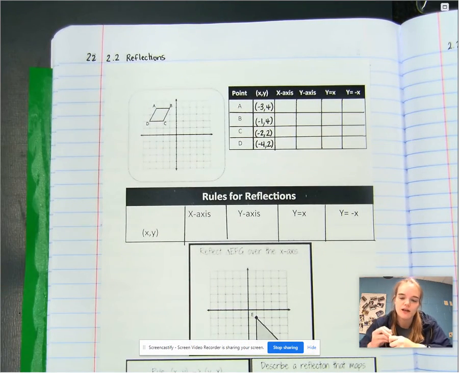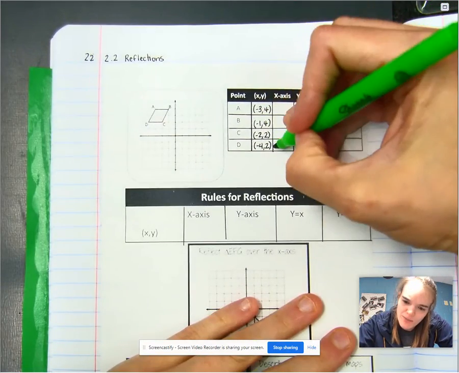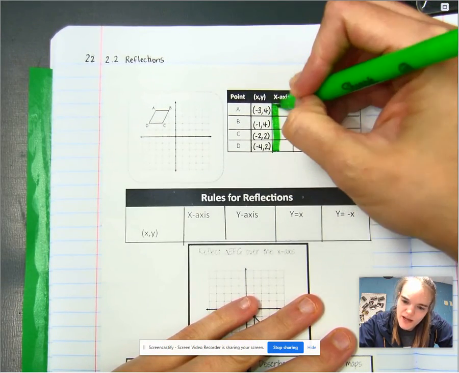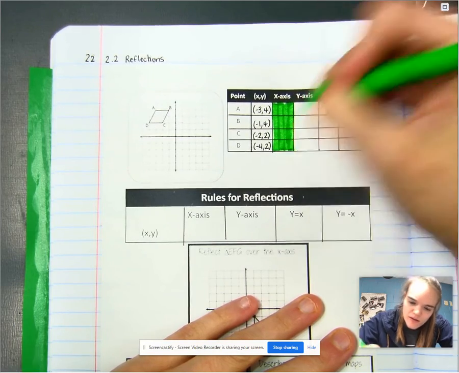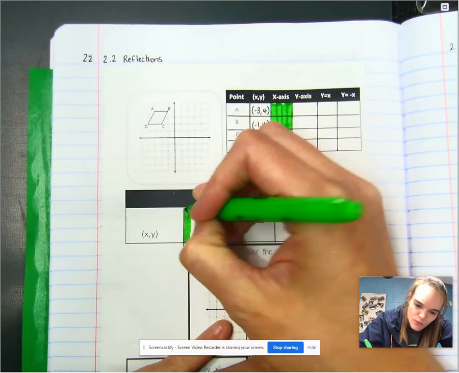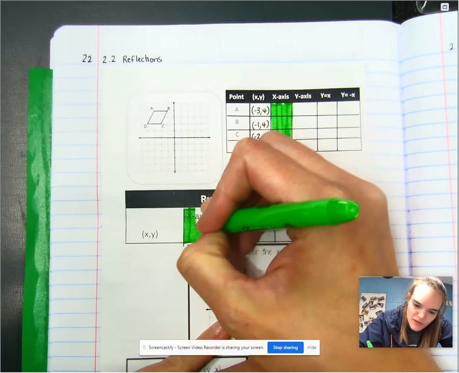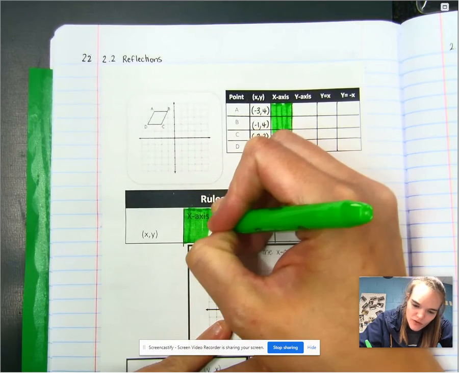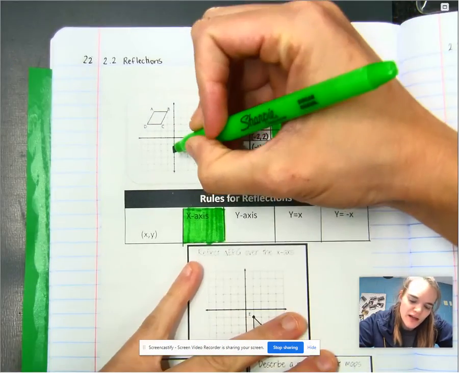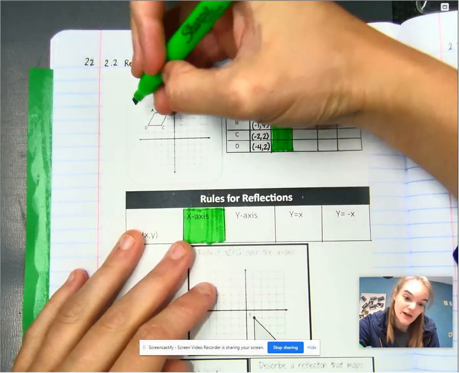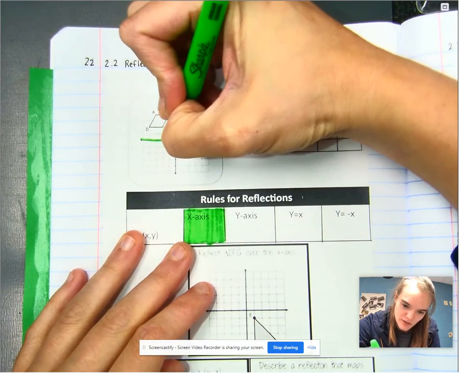I'm going to highlight my points for the x-axis in green, and I'm going to identify my rule for the x-axis in green. I'm going to do them all at the same time here. Here is the x-axis. Make sure I graph it right, because you can't erase this highlighter.